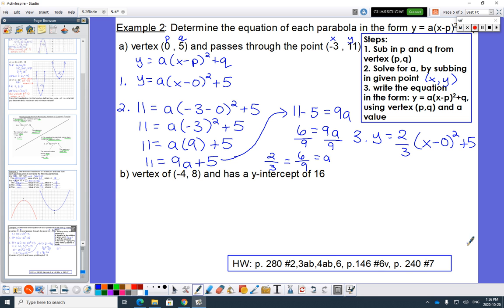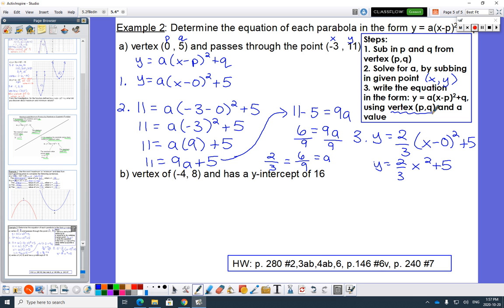So you could write this like this too as well. I use the vertex, okay, because we're doing vertex form.